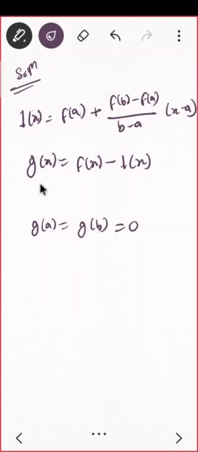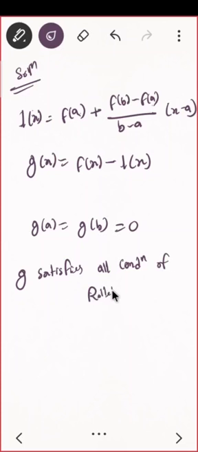Can I say that this g of x satisfies all the conditions of Rolle's theorem? Let us check quickly whether it is continuous. Yes, it is continuous.